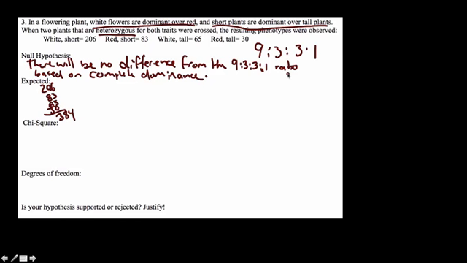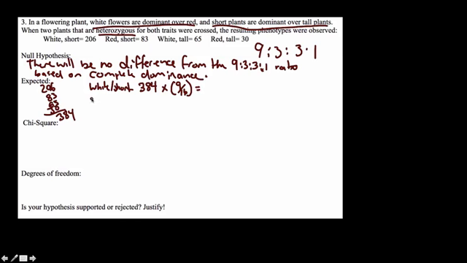So if we want to find the percents to multiply by, we go 9 divided by 16, and that would give us a percent, 3 divided by 16, and so on. Or we could just do it like this. So for white, short, it's 384 times 9/16, because 9 divided by 16 would give us a percent value, and then that would equal.